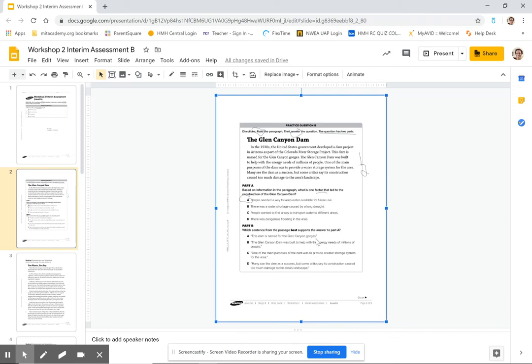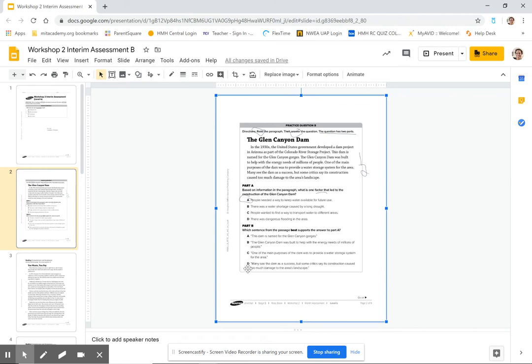Not exactly. Let's go to B. The Glen Canyon Dam was built to help with the energy needs of millions of people. That's not the sentence we selected for A. C. One of the main purposes of the dam was to provide a water storage system for the area. That was what we selected.